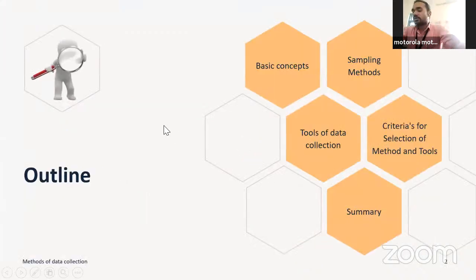Okay, so these are the topics we will cover in today's presentation. First is the basic concept regarding the sample, the sampling methods, data collection, tools of data collection, and all that. Next, we will move to the sampling method, tools of data collection, and criteria for selection of methods and tools.